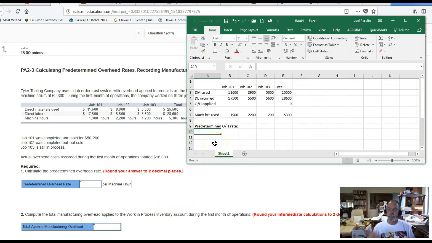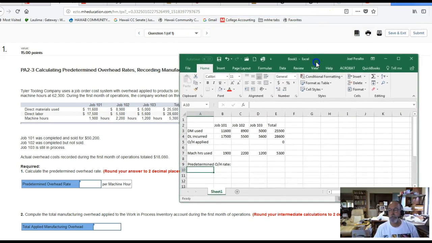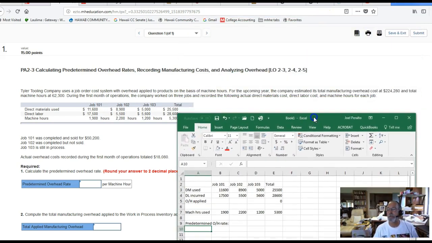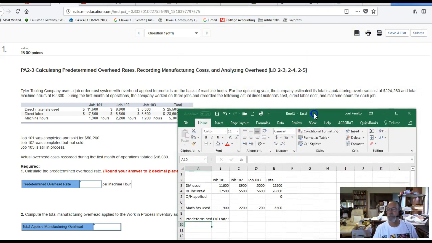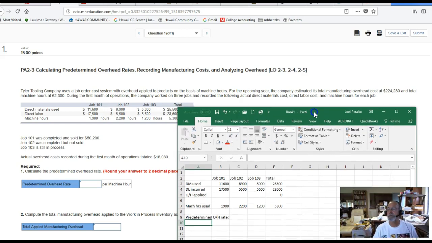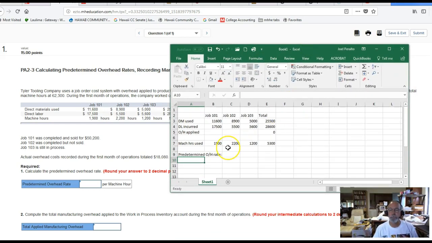And so the way we do that is using our estimates. And our estimates, again, are given in the problem. The company estimated total manufacturing overhead at 224,280.